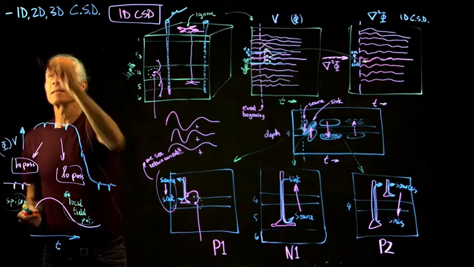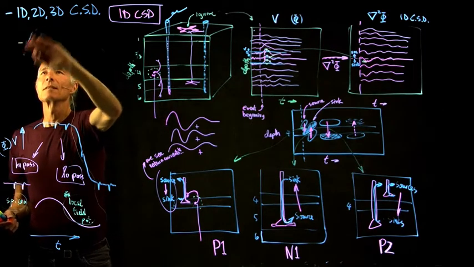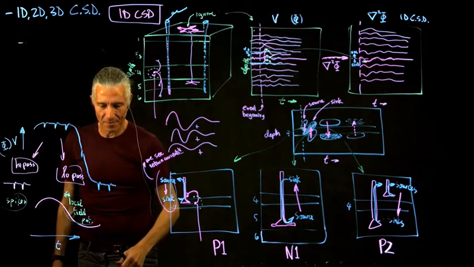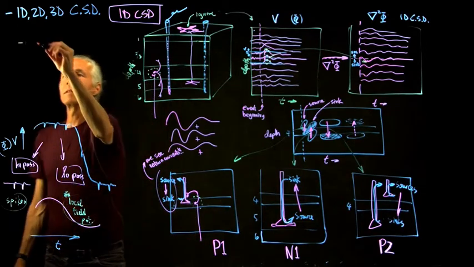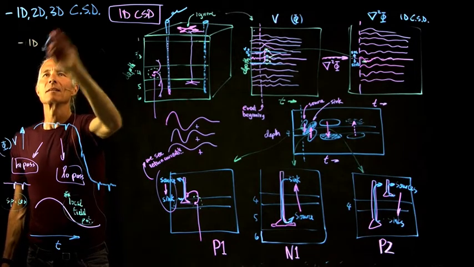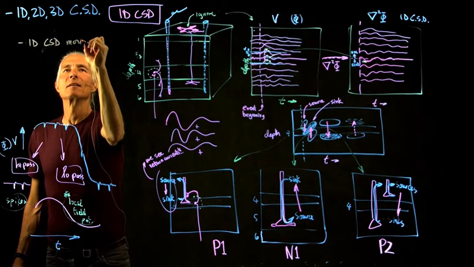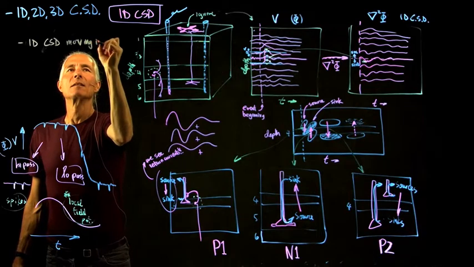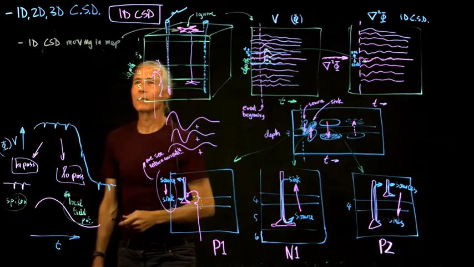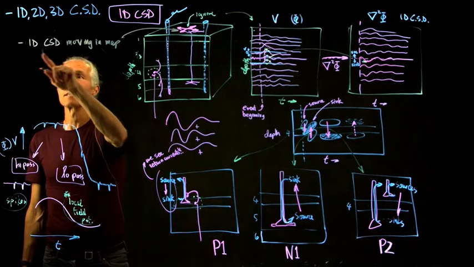So if we move in the map and record a different 1D current source density, what do we see?